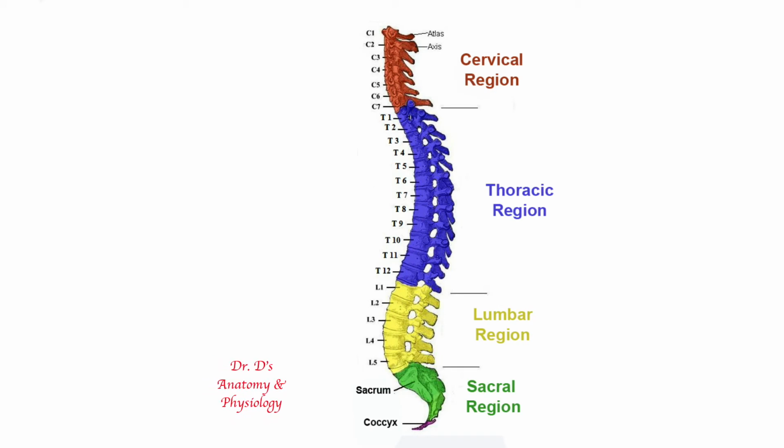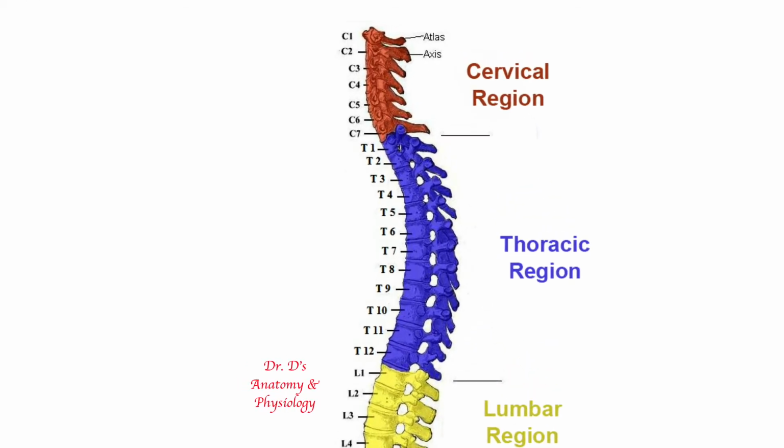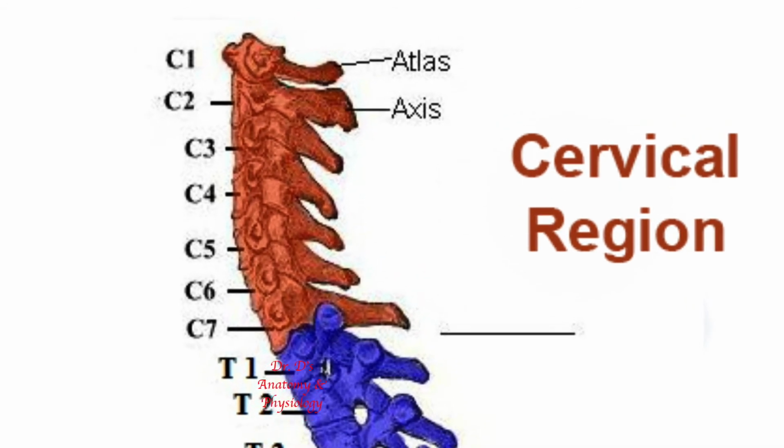So here is a nice figure which will isolate the four main regions of the vertebral column. We have first, in the neck region, or the cervical region, 7 vertebrae, 7 cervical vertebrae. We're going to look at these in greater detail in a future video, but one consistent thing you'll always see is that the number of these will always be 7.